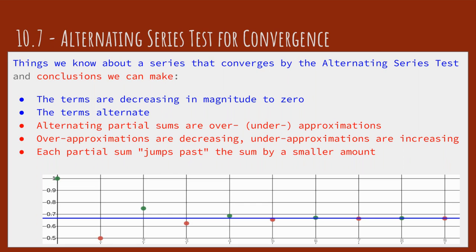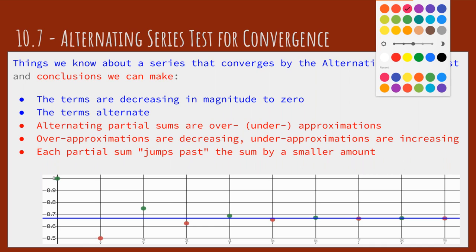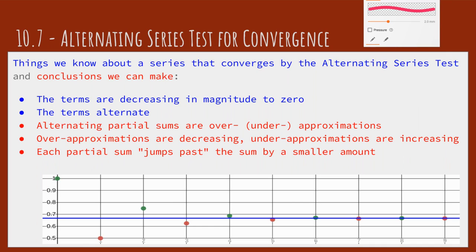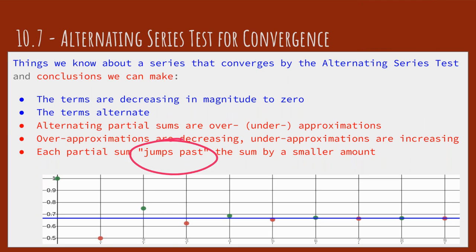The over approximations are getting smaller, the under approximations are getting bigger, and since the terms are getting smaller and closer to zero, this is the big idea that's going to let us figure out errors here. Each partial sum jumps past. I'm using this informally, but notice that each partial sum crosses over the actual sum, and it jumps past by a smaller and smaller amount each time. And this is the key to the alternating series error bound.